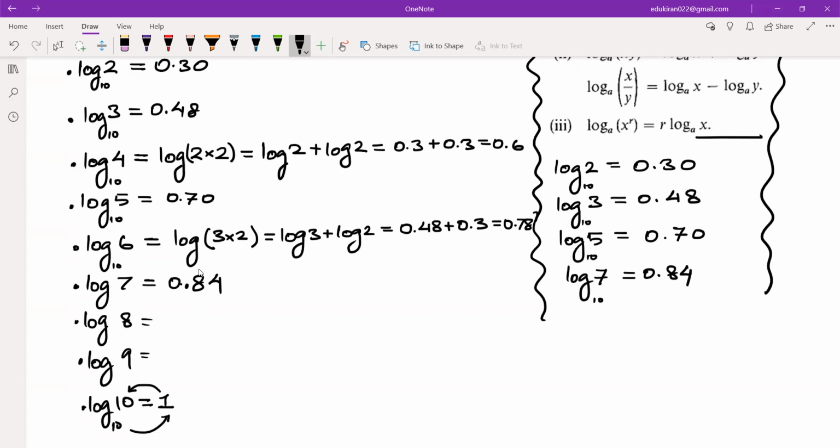Yes, sir, done. Yeah, tell me. Log 8 is how much? 0.9. Yeah, very good. And log 9 is?